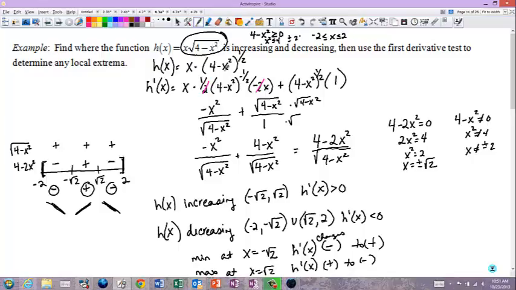At negative square root of 2, I will get negative square root of 2 times 4 minus negative square root of 2 squared. 4 minus the square root of 2 squared would be 2. 4 minus 2 is 2, so negative square root of 2 times the square root of 2. So how about negative 2? So y equals negative 2. And then if I fill in a positive square root of 2, I'm going to get the same thing, but it's going to be a positive 2. Y equals 2. So that's the max, and that's the min.